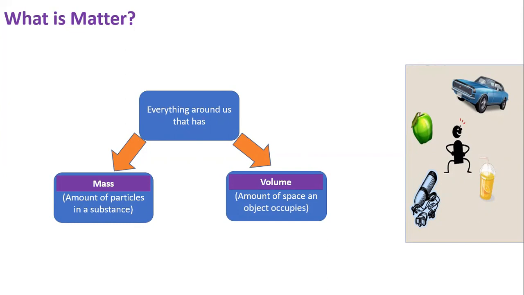Both living things and non-living things are matter. The entire universe is composed of matter. However, few things like heat, sound, light, and electricity cannot come under the term matter because they do not have mass, but they can be useful to do work.